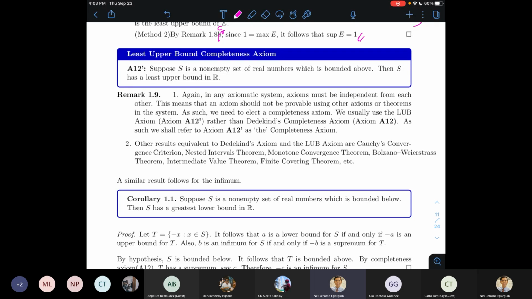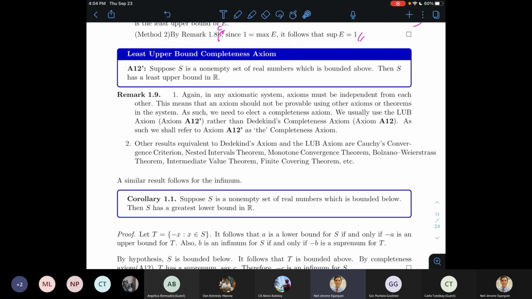So last time we presented two versions of a completeness axiom. The first one is sort of more abstract, which is Dedekind's completeness axiom. So probably that axiom is usually adopted for graduate courses. Now, the Dedekind's completeness axiom is equivalent to axiom A12, which is called the least upper bound completeness axiom.